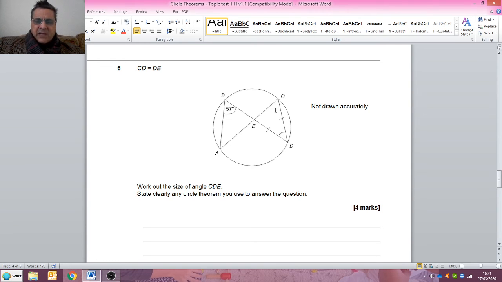If that's 57, then base angle DCE and base angle DEC are the same. So that's 57 and that's 57, which takes us up to 114. 180 take away 114 is roughly 66. Anyway, you do the math. So angle CDE is 66. Why? Well, that's an isosceles triangle, and angles in any triangle sum to 180. Amen. Done.